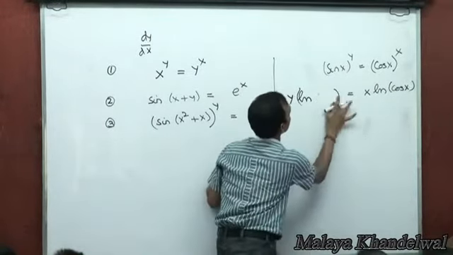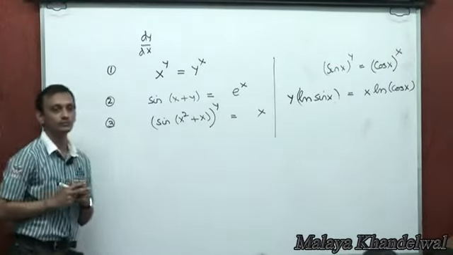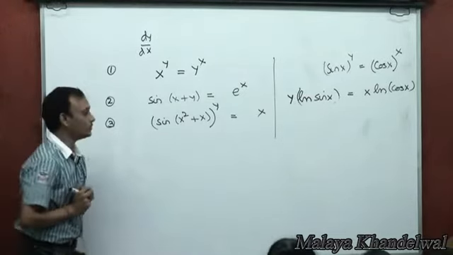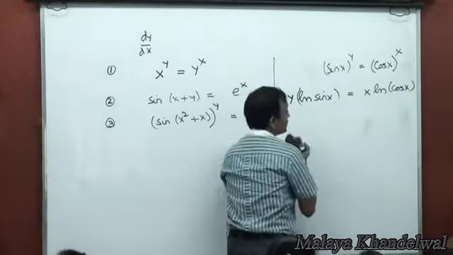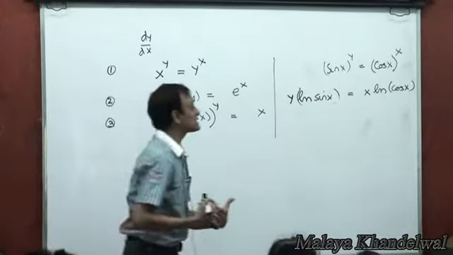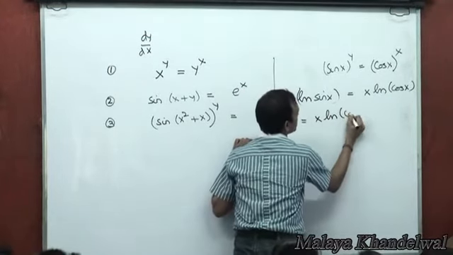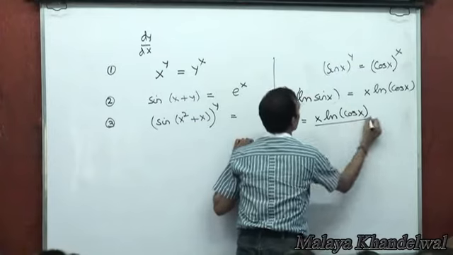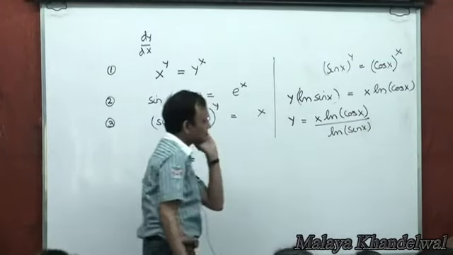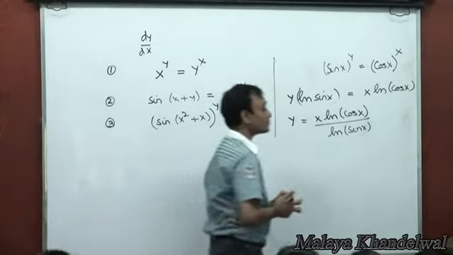Oh, sorry, sin x. Right? Now in this case, fortunately for us, I can separate y from x because y is written as x log cos x divided by log sin x. Right? I can separate y from x in this case, isn't it?